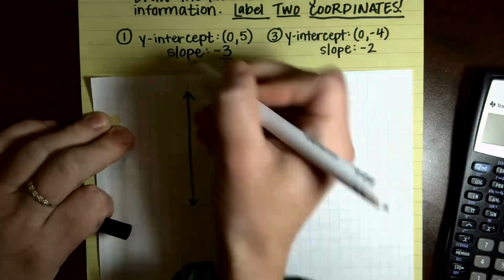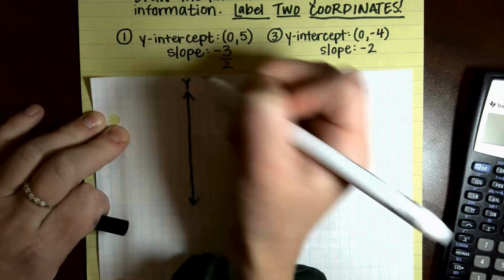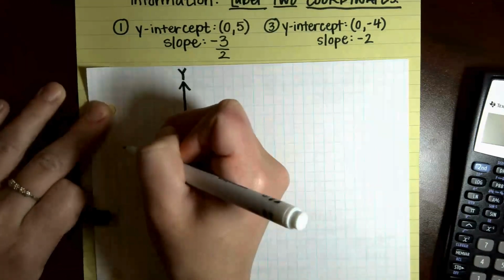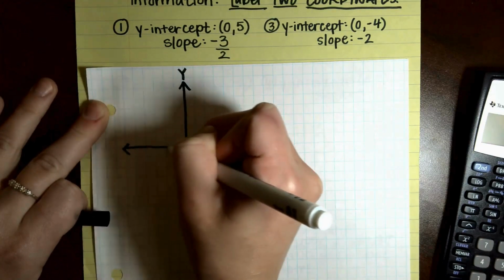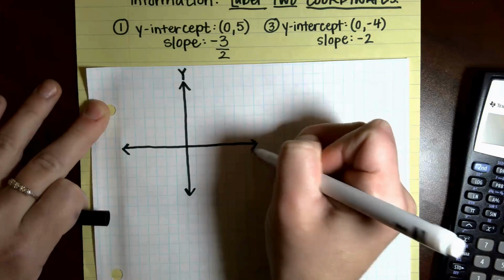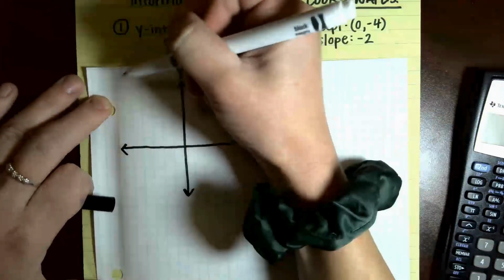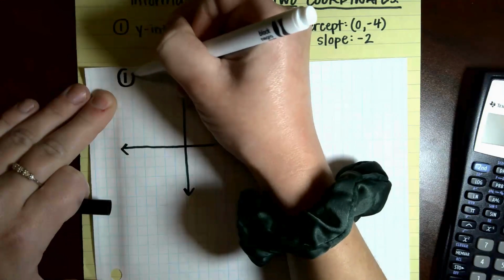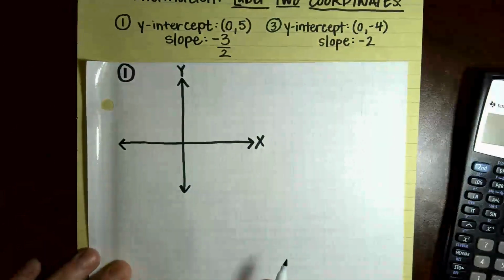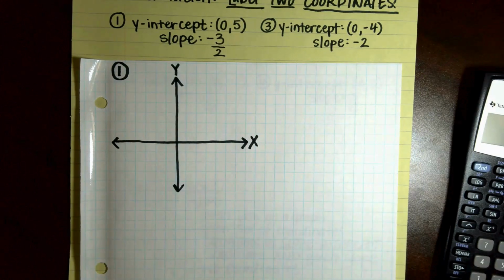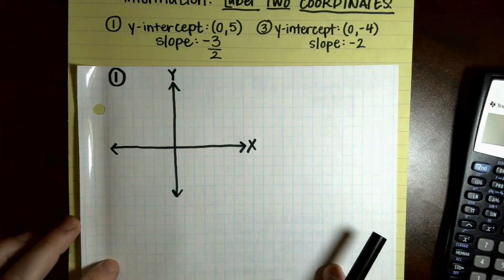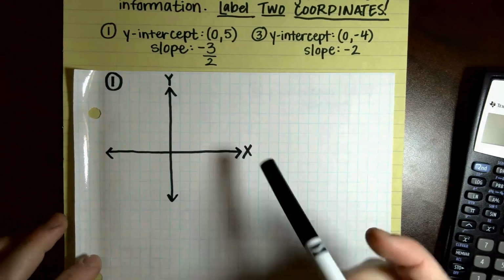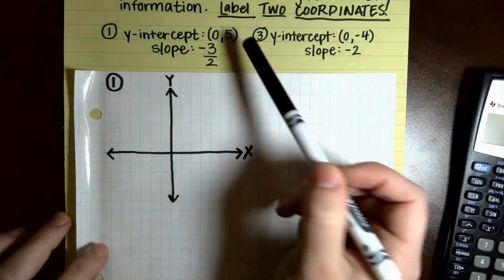There is my y, and then here is my x. I'll label that this is number 1. Okay, so did everybody get this far at least? Good deal.